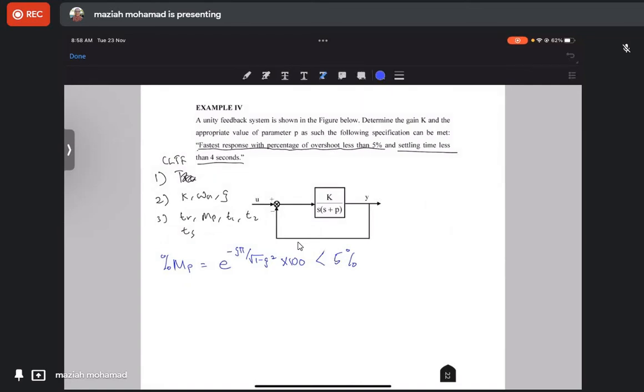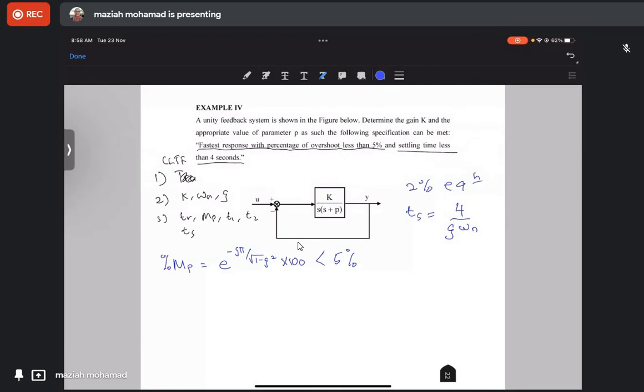And for the second requirement, the design specification, they require the system to have settling time less than 4 seconds. Meaning you need to settle to the final value in less than 4 seconds. The equation for settling time, considering 2%, is 4 over zeta omega n. So we use this 2% equation.